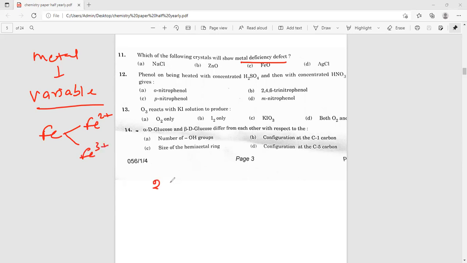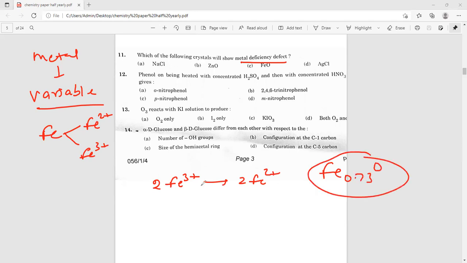Means 2 Fe3+ displaces 3 Fe2+, because the higher valency of iron displaces the lower valency of iron. Right? So hence the answer C is right.